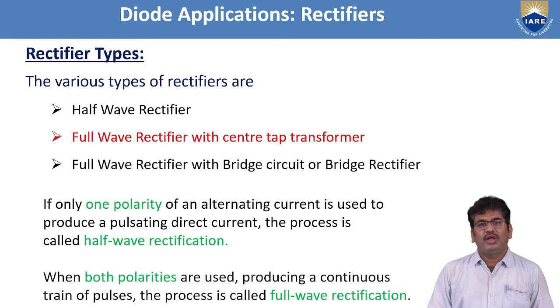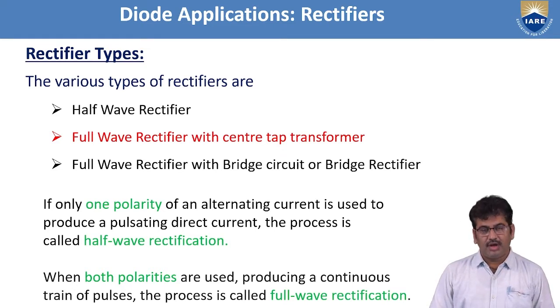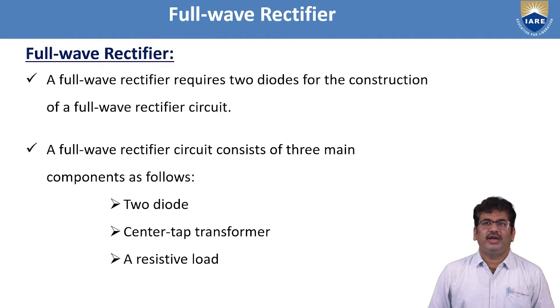When both polarities are used, producing a continuous train of pulses, the process is called full wave rectification. A full wave rectifier requires two diodes for the construction of the circuit.